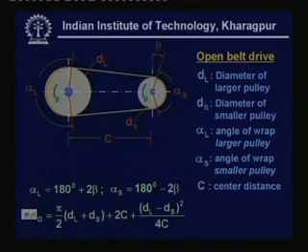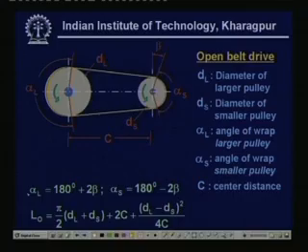A common type of belt transmission system is as shown in this figure. This is one pulley, this is another pulley. This particular pulley we call the smaller pulley and this is the larger pulley, as you can see from the figure. And this is the belt, which is wrapped over here.